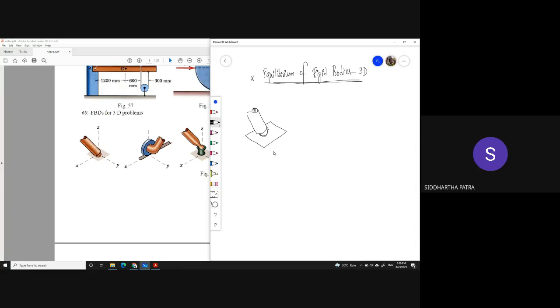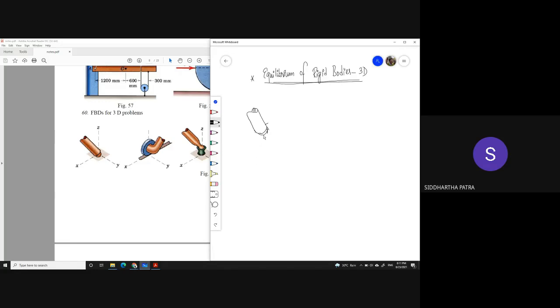Now imagine drawing the free body diagram. First of all, I'll get rid of the ground. Let's say the surface is frictionless.